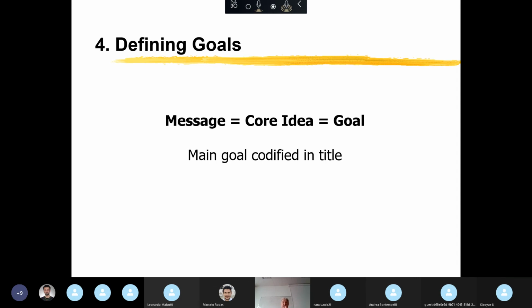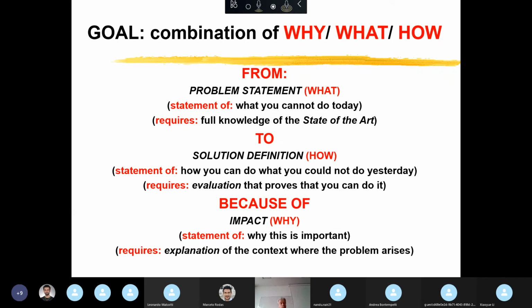So what I'm saying is, have you done all of that we said now? Next step, write the title. And so what is the goal? We say that later. This goal is exactly a replication of what is said for the research: problem statement requires state-of-the-art solution, requires evaluation because of impact, right?